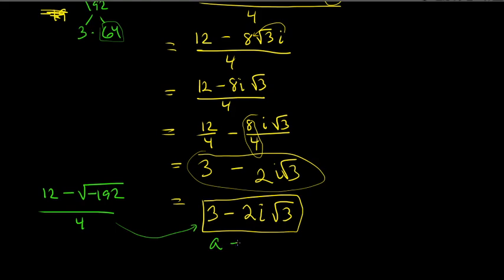We have a plus bi, where the a is 3, and the b is the negative 2 square root of 3, right? The b does not include the i. The b multiplies i, right? So yes, this is a complex number.